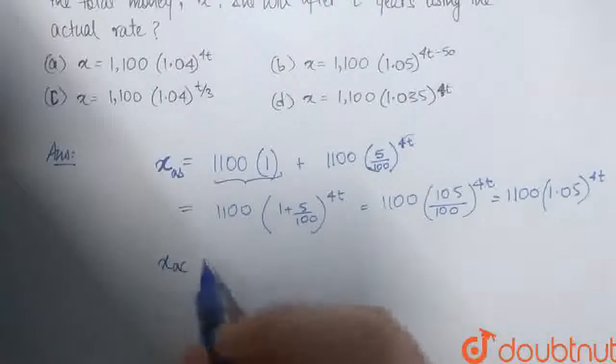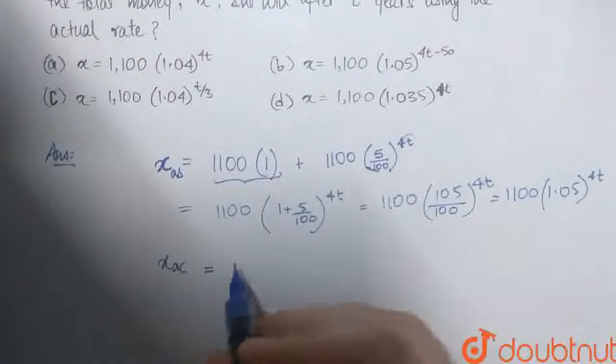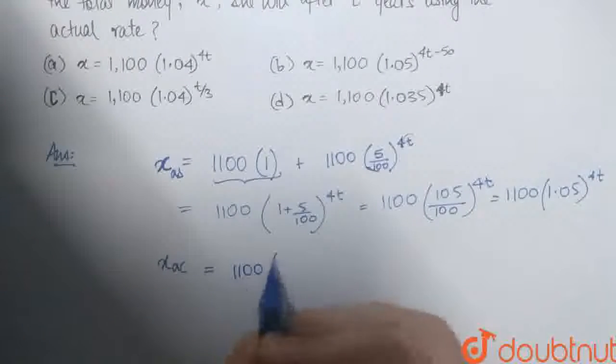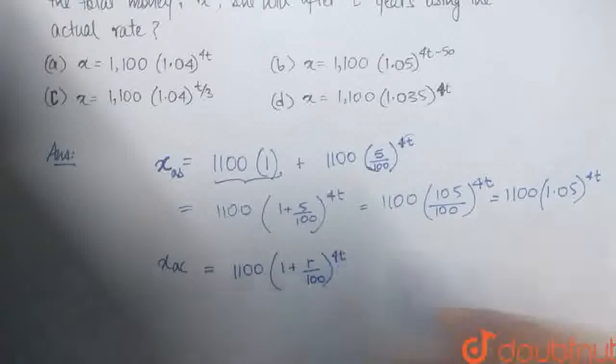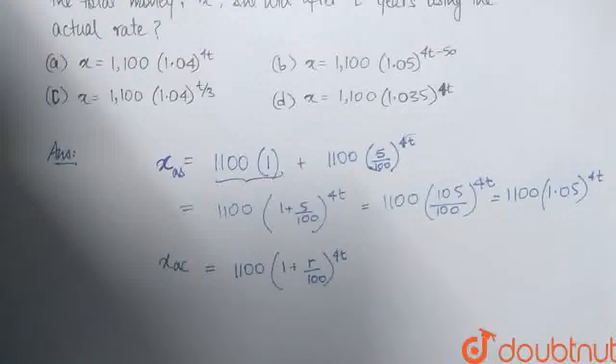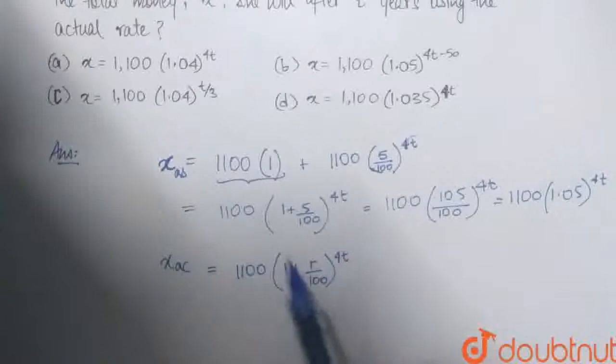So let's say the actual rate was R, right? So it would have been 1100 times 1 plus R by 100 to the power of 4t. Now we don't know what R is, but we do know that after 1 year XAS minus XAC was 50.